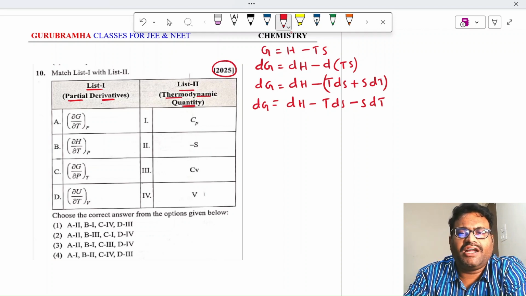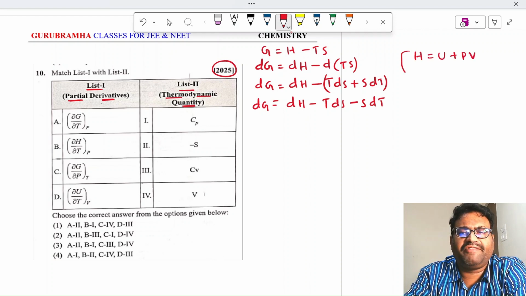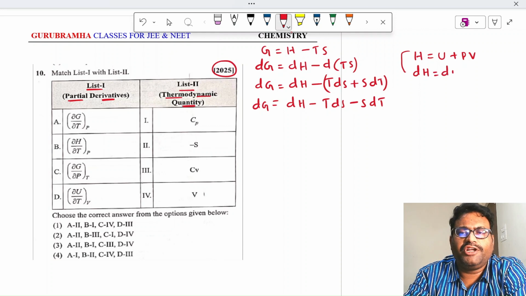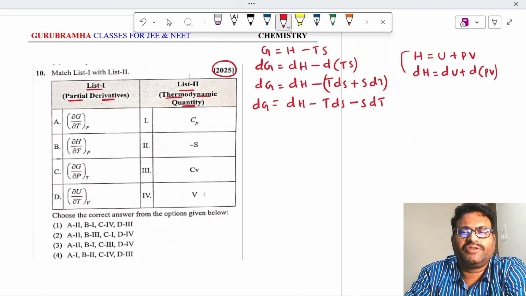And we know that H is equal to U plus PV. We know this. Small change in H gives you dU plus d into PV.